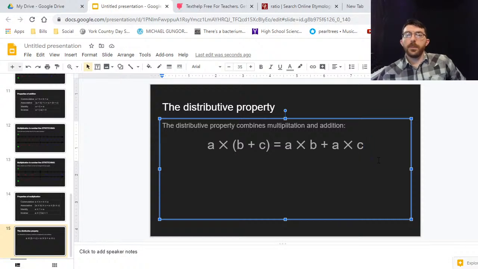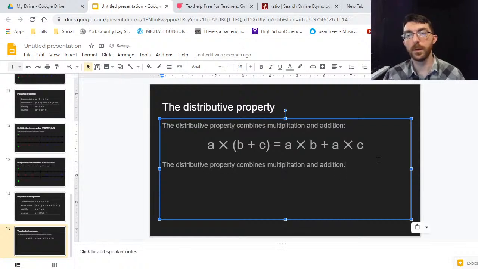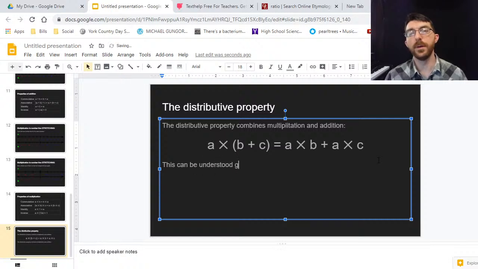The distributive property combines multiplication and addition. This can be understood graphically as well as verbally. Graphically, it's with a picture.